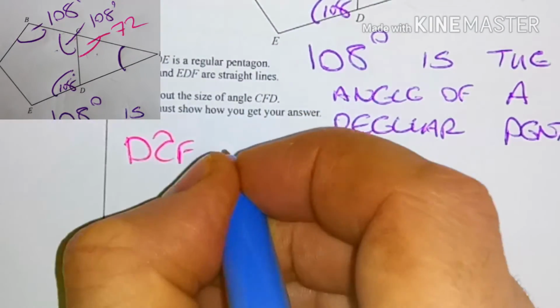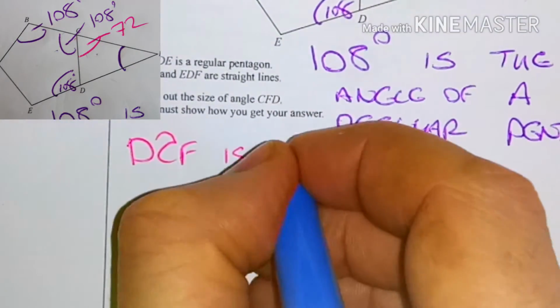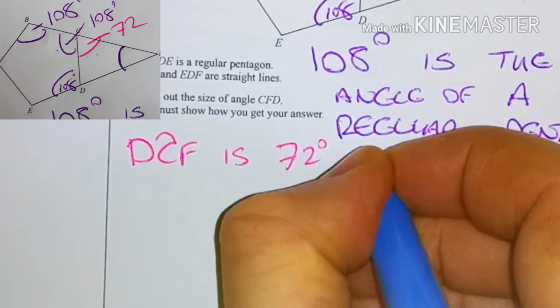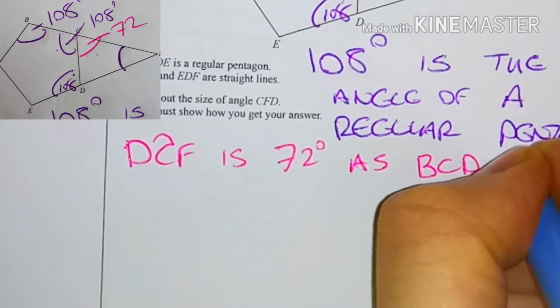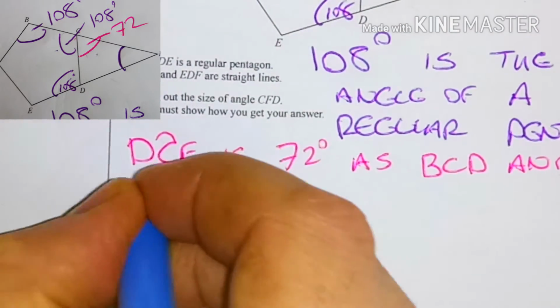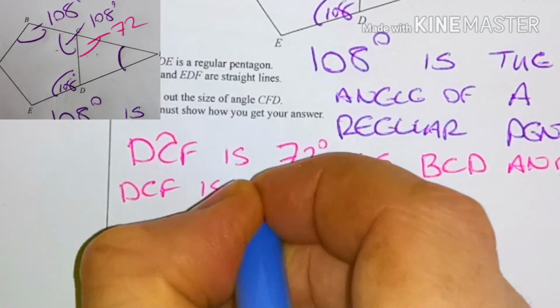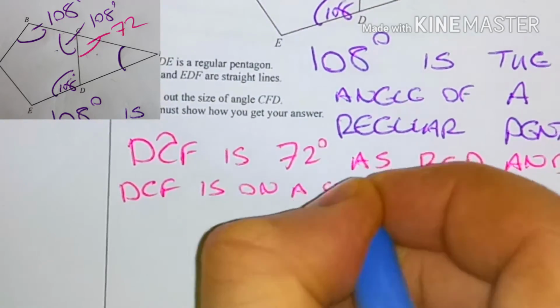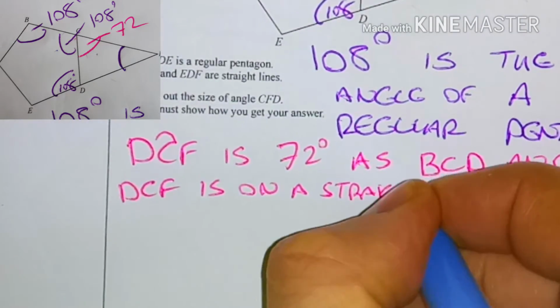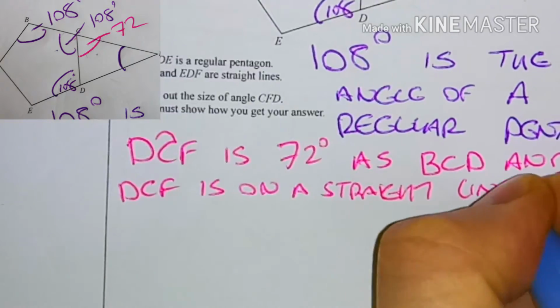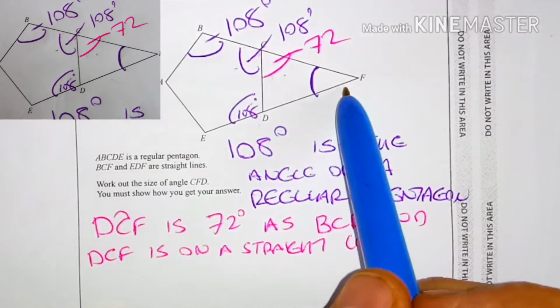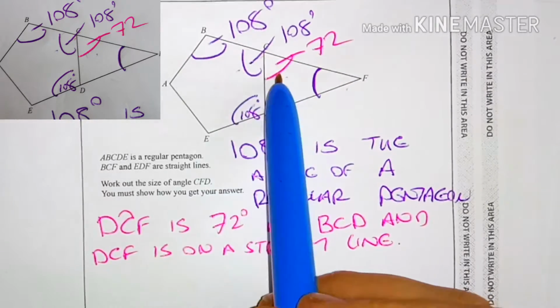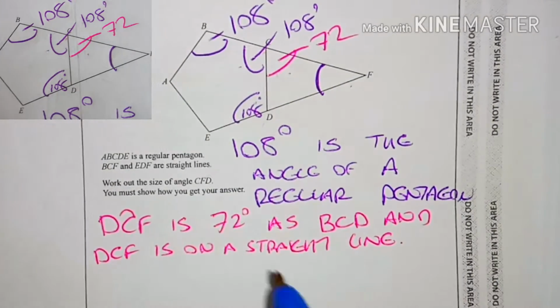DCF is 72 degrees, as BCD and DCF are on a straight line. You could also say that DCF is the external angle of the pentagon, so it has to be 72.